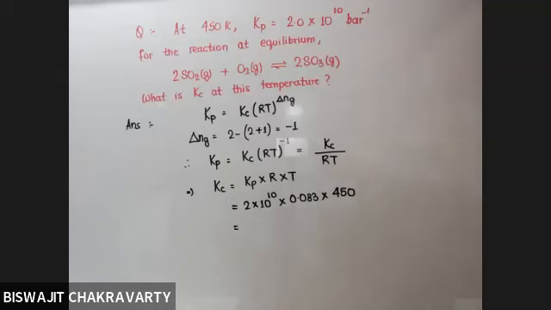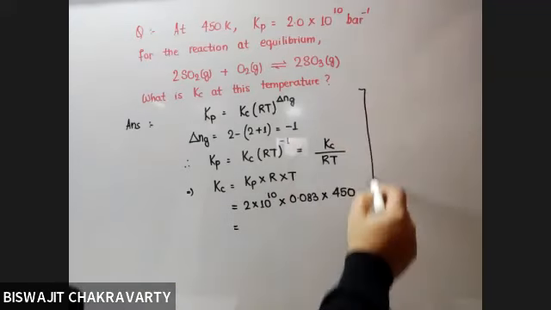Sir, in bar you have taken that value of R to be 0.083. Yes, and had it been in atmosphere, the value would have been 0.0821. Okay, sir. You will find the R value in the states of matter chapter.